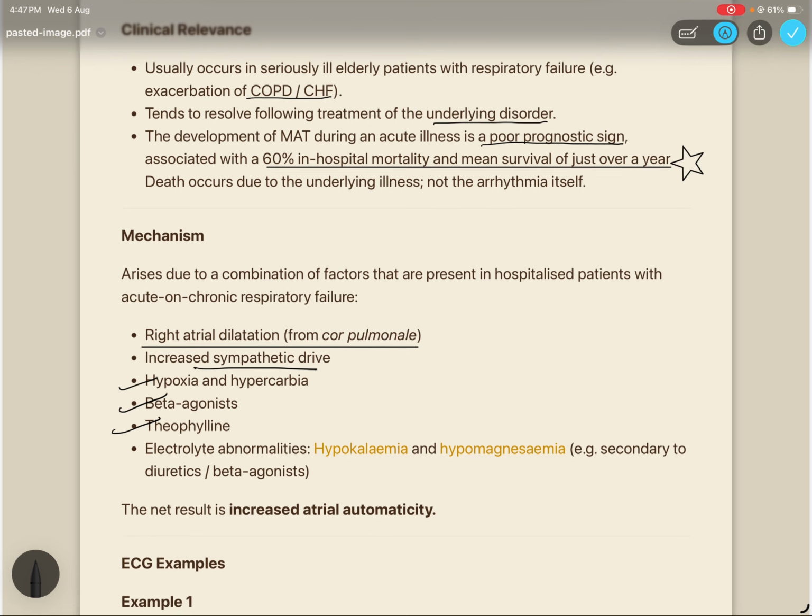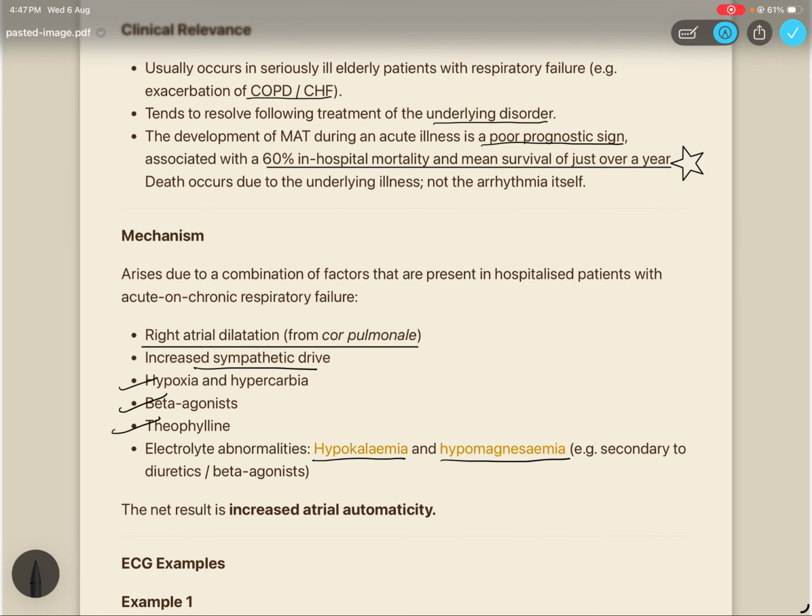For COPD patients also, we prescribe drugs, especially Duolin, Budecort, or if we give aminophylline. These are prone to generate arrhythmias and tachycardias. So look at ECGs first and then think twice before you prescribe those drugs. Hypokalemia and hypomagnesemia are also causes.